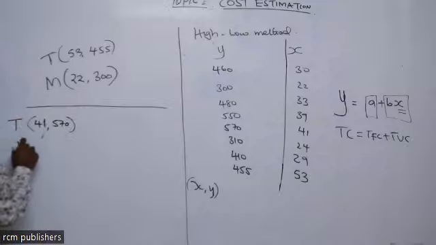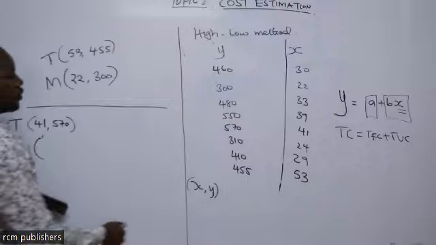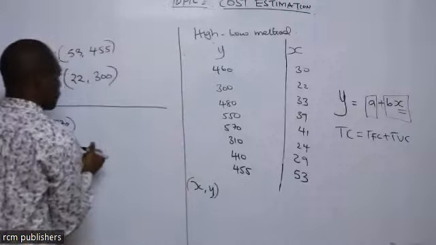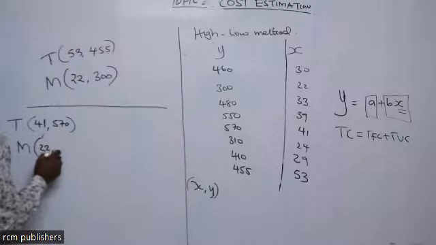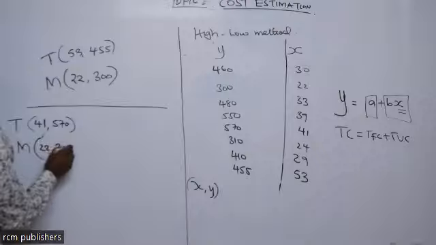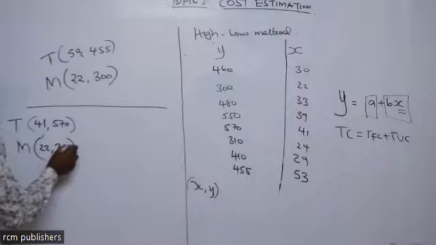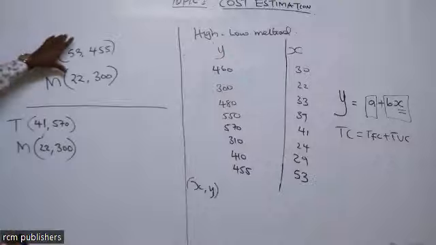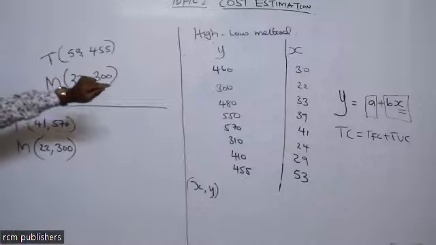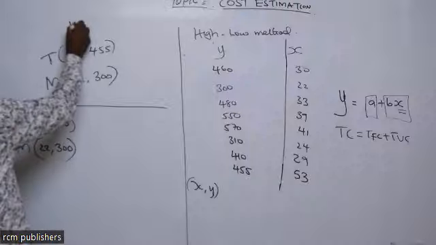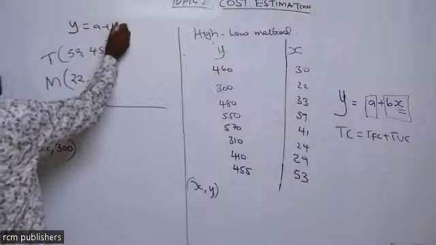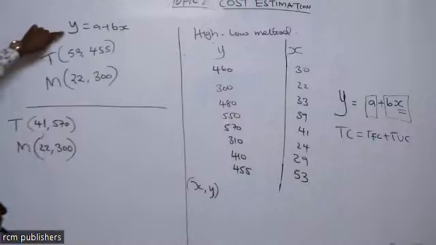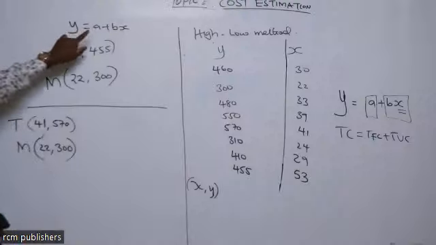They take their lowest, look for the lowest value here, get it as 300, so it will be the same, 22, comma 300. So group A will take this to work out and get their cost function, which is y equal to a plus bx. Team B will also use this to calculate their y equal to a plus bx.